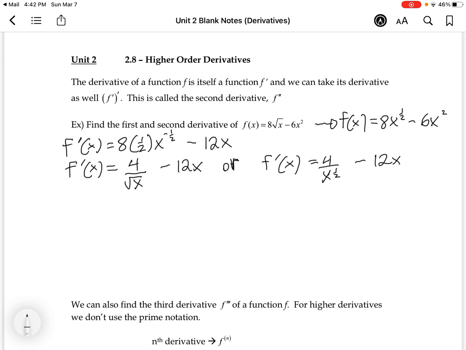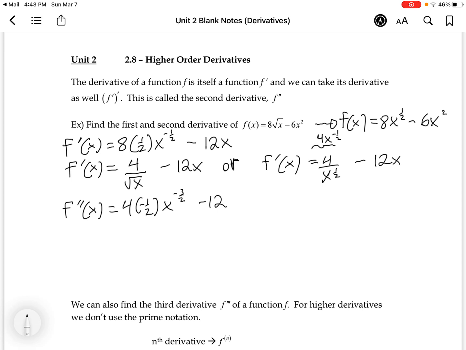Then when we take the derivative of this one, f double prime of x, we have to think about what this would look like with a negative exponent. This term would be 4x to the negative 1/2. If I take the derivative of that term, I would have 4 times negative 1/2 x to the negative 3 over 2, decreasing that by 1 again, and then the derivative of 12x is just 12, so minus 12.